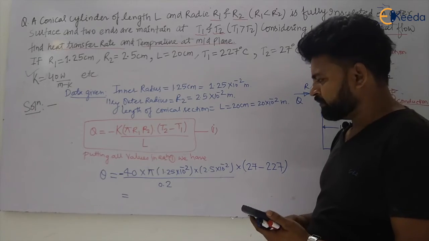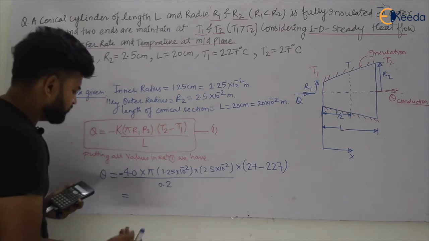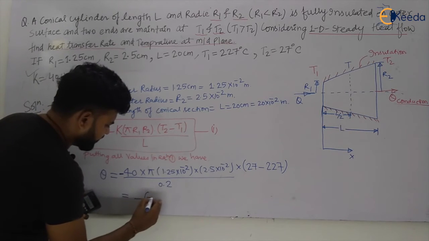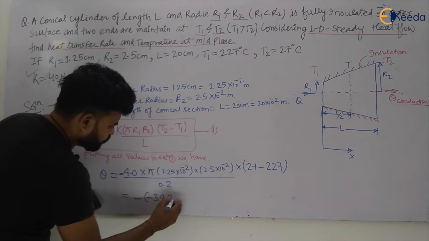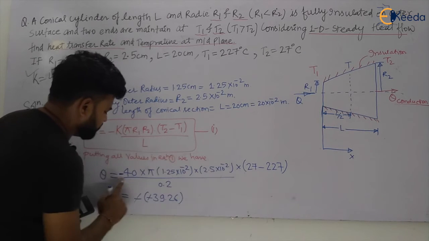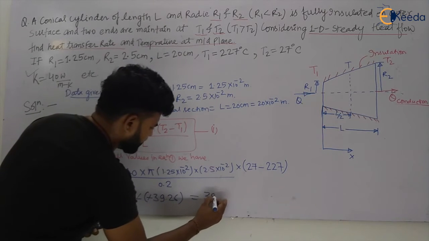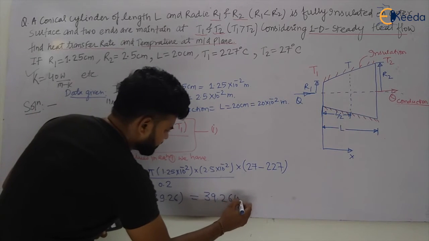So this will become minus of 39.26. So minus of into minus of 39.26. So minus minus will become plus. So one negative is from this side and there is always a negative sign here. So that implies this will become 39.26 watt.